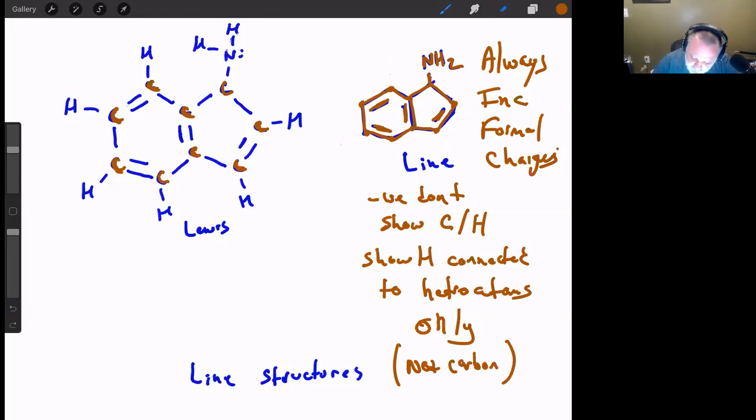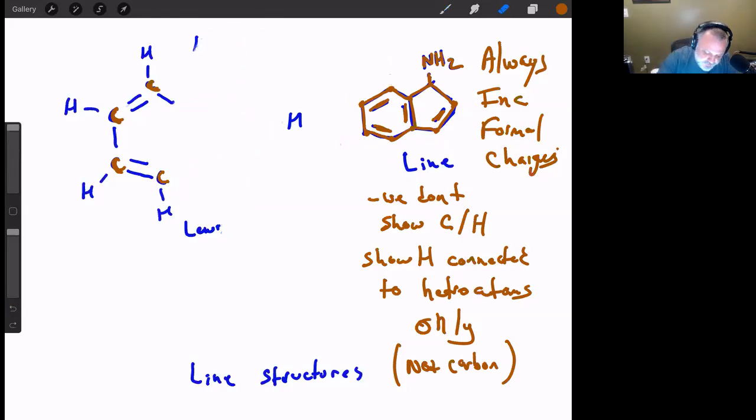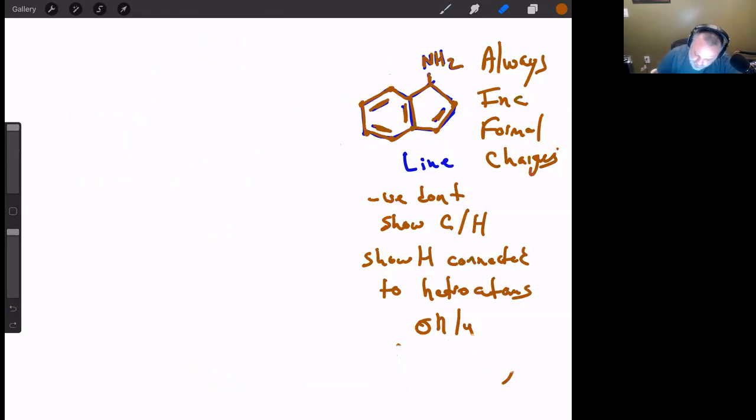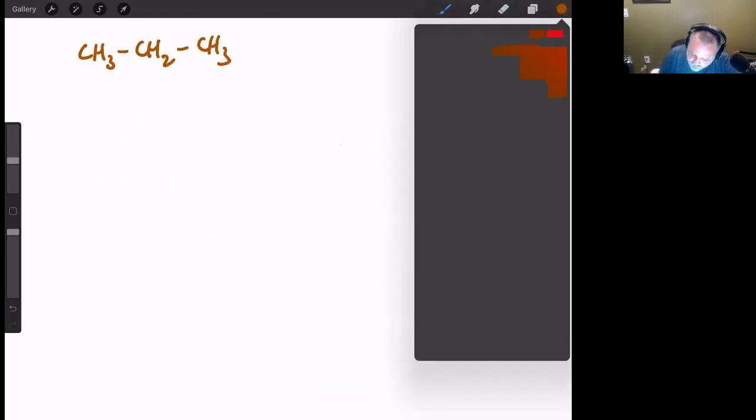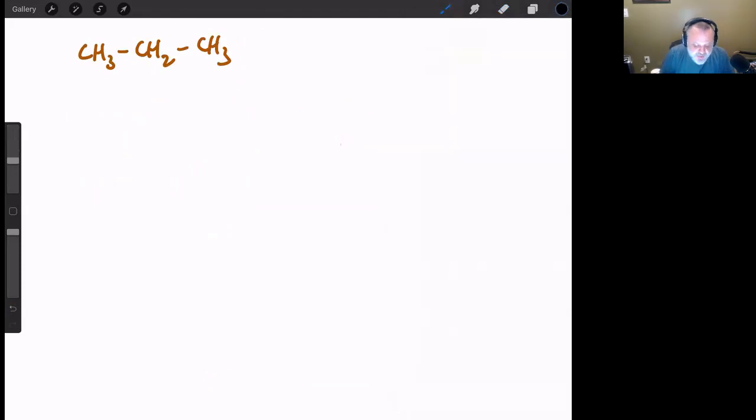So let's take a look at a simpler example, something a little bit more straightforward. What happens to something like good old propane? Well, that's a simple picture of propane.